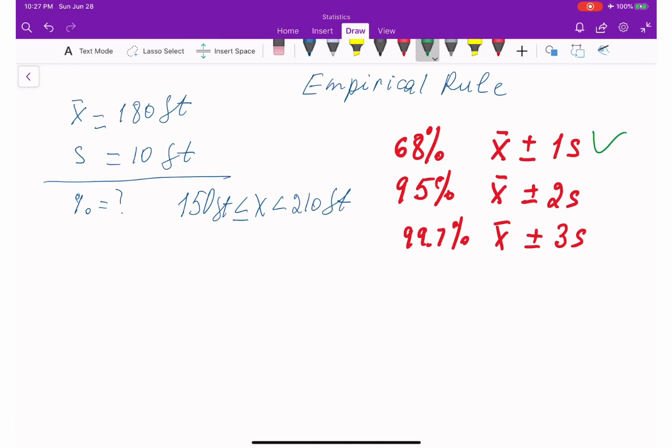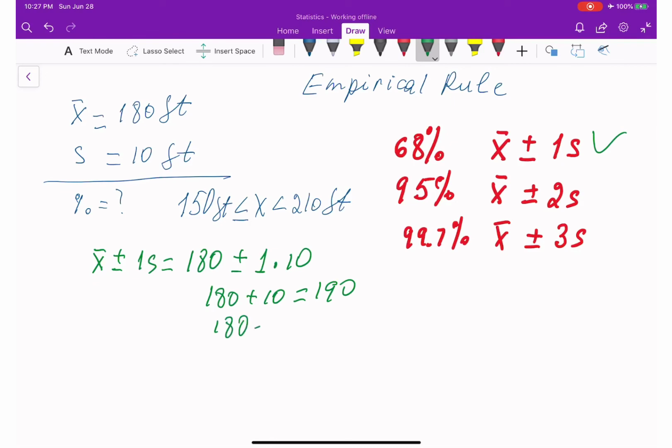So x bar is 180, so x bar plus minus 1s is equal x bar, our x bar is 180 plus minus 1 times standard deviation 10, which means 180 plus 10 is going to be equal 190. 180 minus 10 is equal 170.